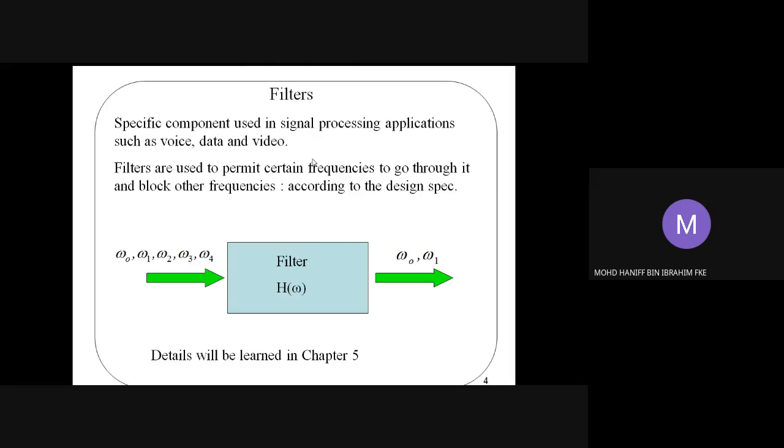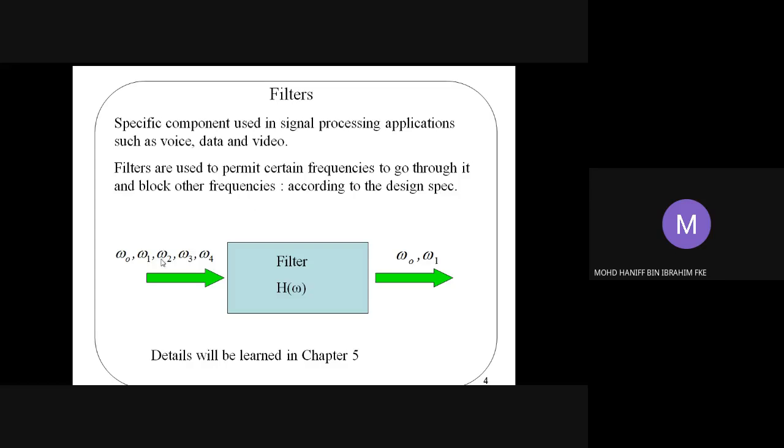We want to filter the frequencies, in which the filter is used to permit certain frequencies and also to block other frequencies. The permission, allowing or blocking of the frequencies, depends on the specification that has been set earlier.